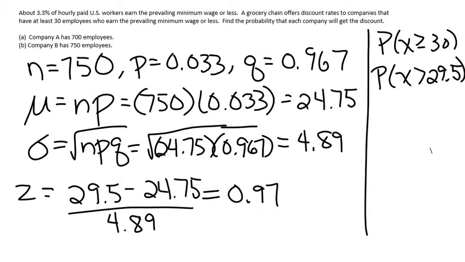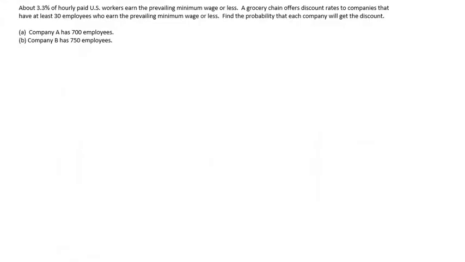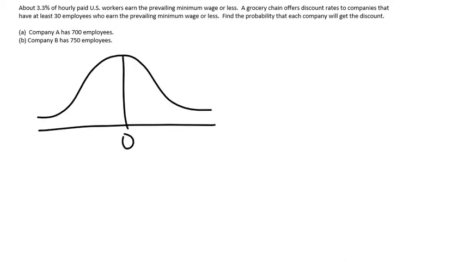And I'm going to go again to the chart and look up the area for 0.97. Looking at my chart, I locate the 0.9 and the 7, and where these two intersect, 0.8340. Now let's go back to the problem. Again, I'm looking for the area that's to the right.